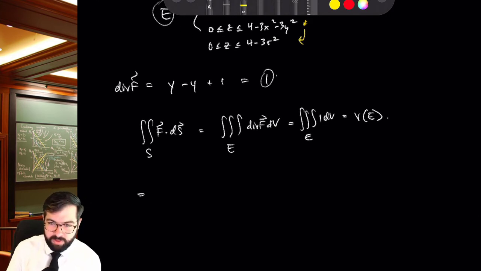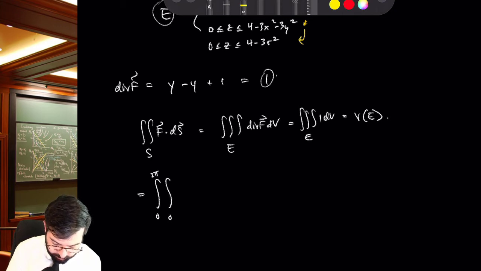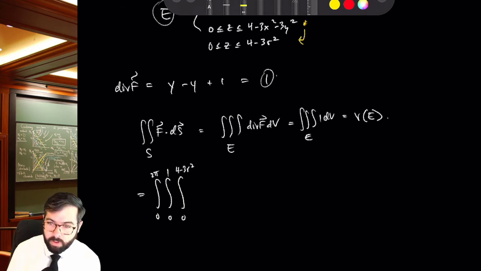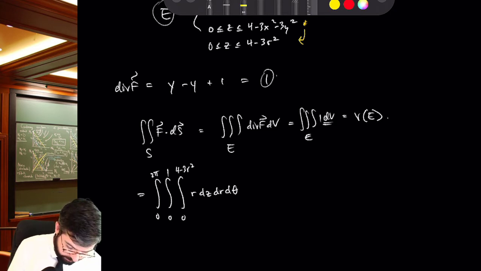Well, the volume of E, we should be able to set this up. We have our inequalities, 4 minus 3r squared, for r dz dr d theta. All right, that's my dV piece.